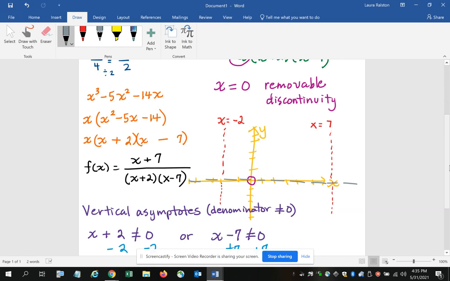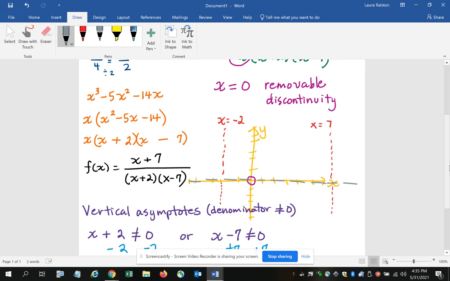Now, if you're looking at that particular equation on a computer-generated or calculator-generated graph, typically your calculators do not actually draw in or dot in those vertical asymptotes.